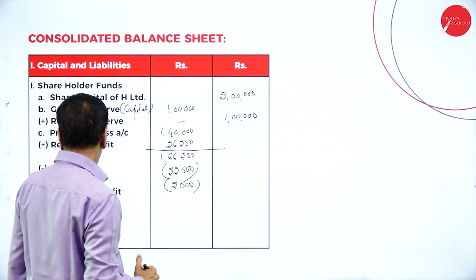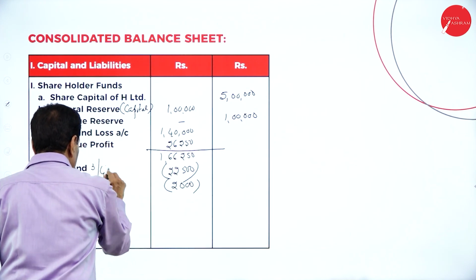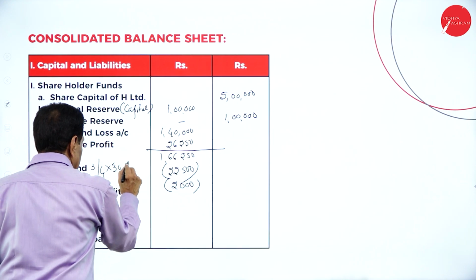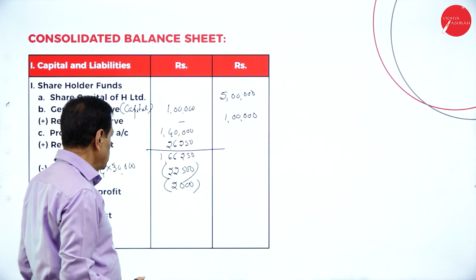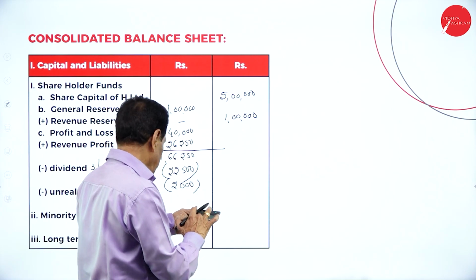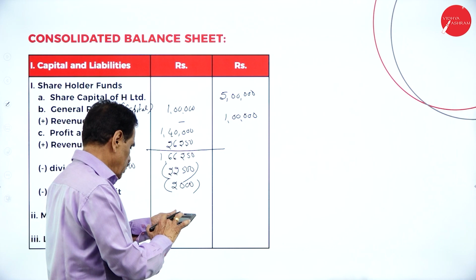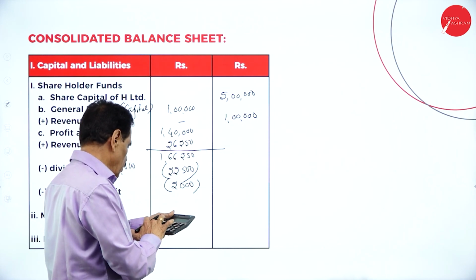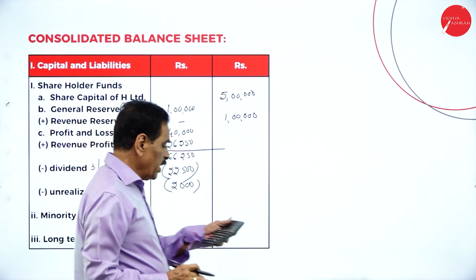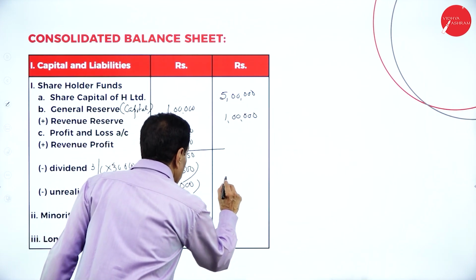So 1,66,250 minus 22,500 minus 2,000 is 1,41,750.